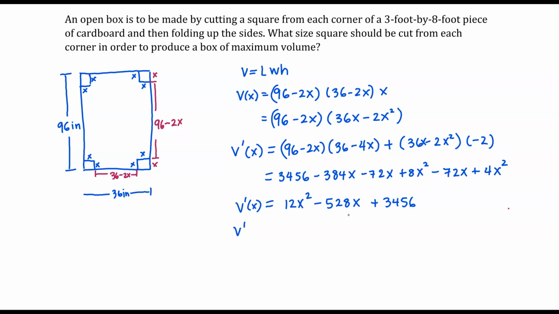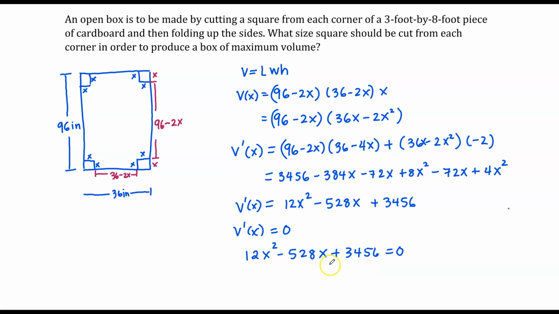So you get v prime of x, equate that to 0. So you have 12x squared minus 528x plus 3,456 equal to 0. Then you look for a common factor.